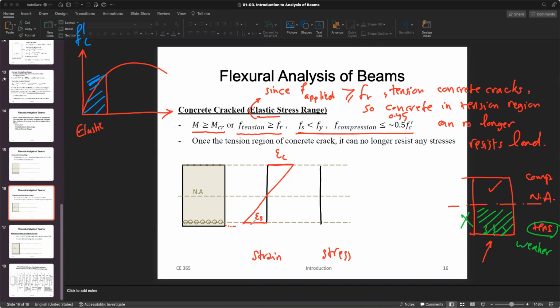Something we also want to pay attention to here is that the epsilon at the steel, the applied strain, is less than your yield strain. We haven't reached the yield point, as we discussed here. This is the same for the strain. We haven't reached the yield point strain-wise on the steel as well.